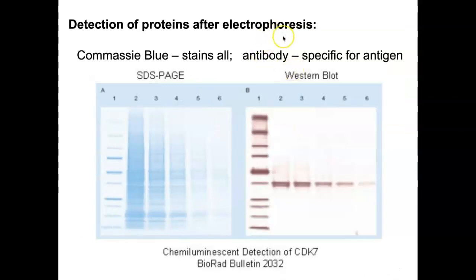In addition, we can detect proteins using specific antibodies if you have an antibody for your protein of interest. And the method that we can use that goes with SDS-PAGE is Western blot. It just requires another step where after you separate proteins on a gel, you transfer them onto a membrane that you can then probe with an antibody.